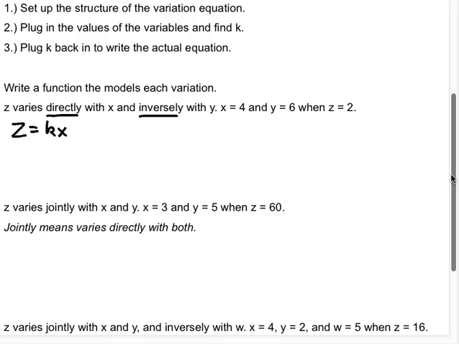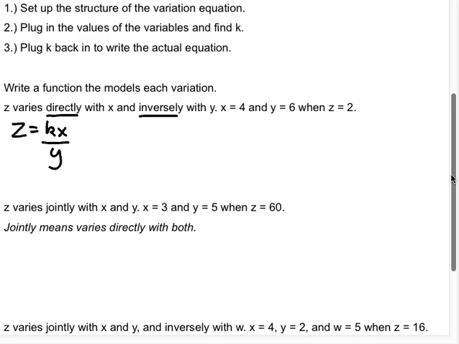Remember, inversely means it goes on the bottom. All right, so again, exactly like what we talked about yesterday. Now we have a combination of things happening though, okay? We have x varying and y varying with z.